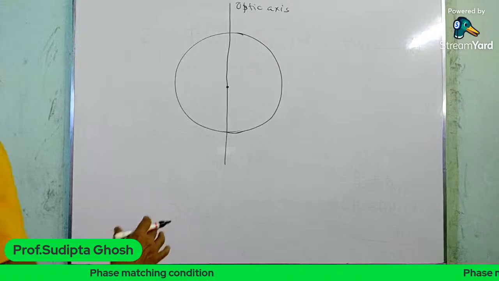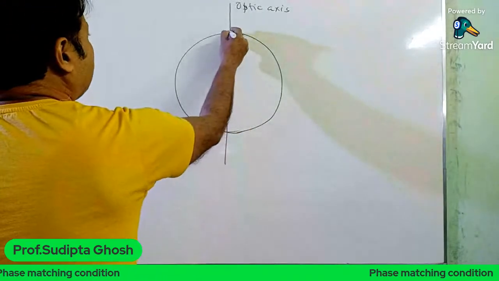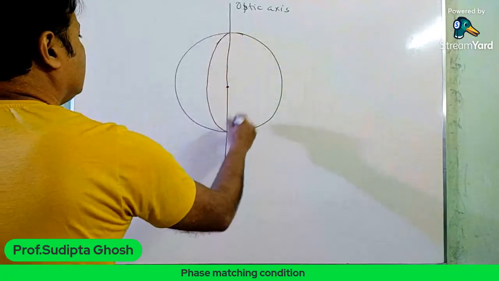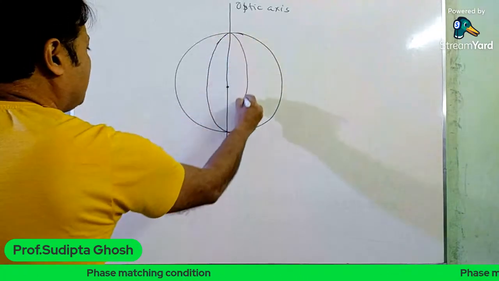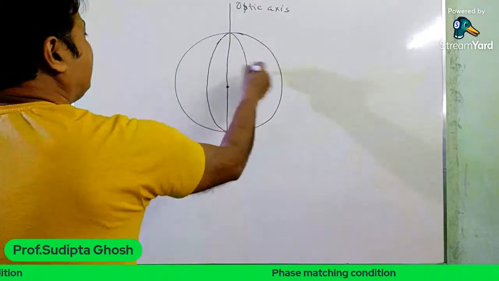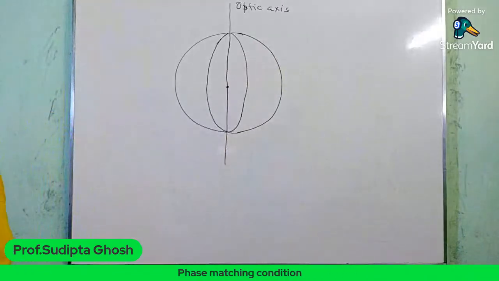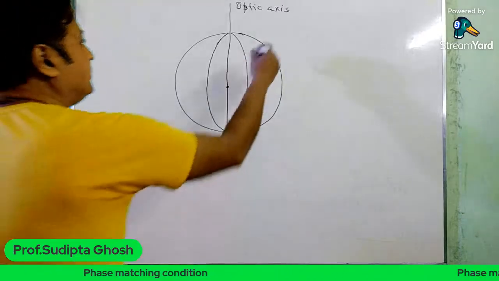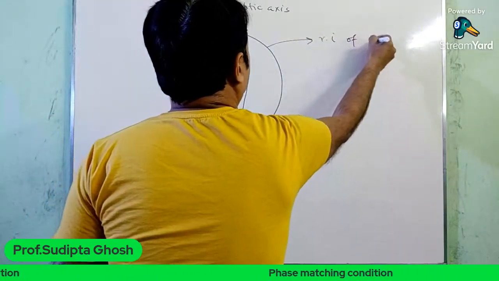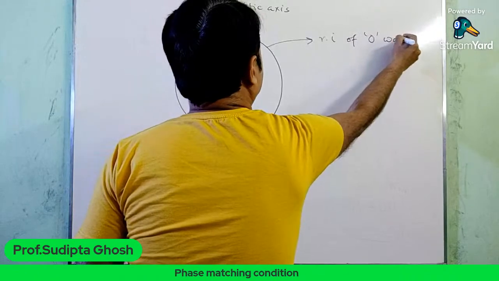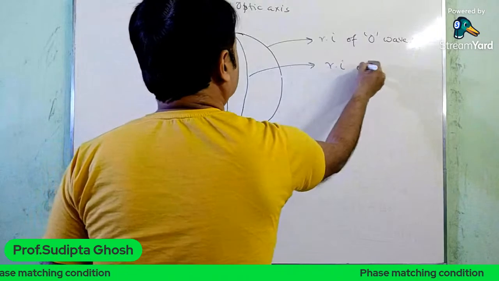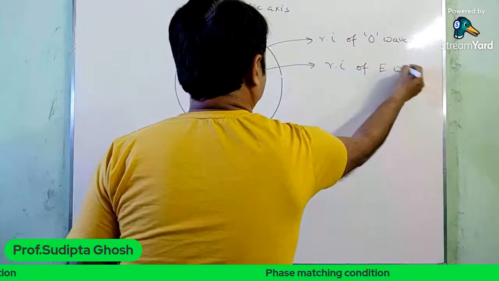And for the extraordinary wave, this is the ellipsoid pattern, and it shows the refractive index variation for the extraordinary wave. So this is the refractive index of the O wave, the ordinary wave, and this ellipsoid is the variation of refractive index of the E wave.